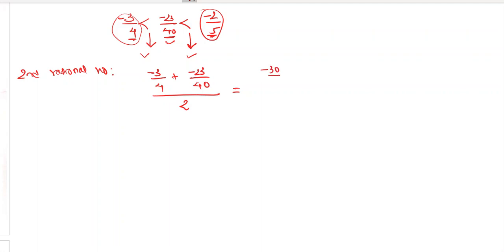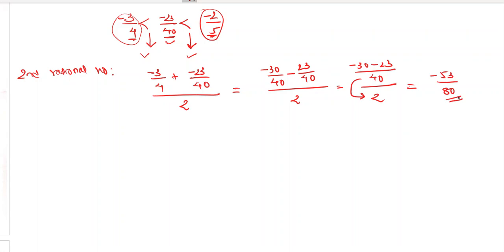It will become minus 30 by 40 minus 23 by 40, the whole upon 2, right? So this can be written as minus 30 minus 23, the whole upon 40, the whole upon 2. 40 will get multiplied over here. So minus 53 by 80. This is the second rational number between our given two numbers.